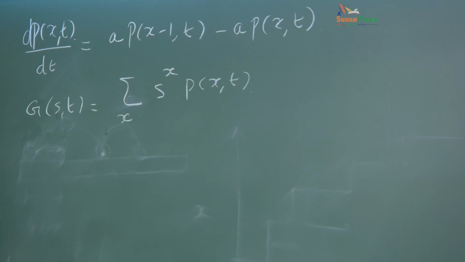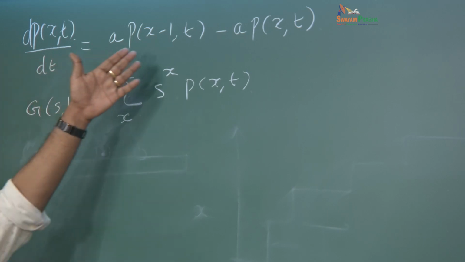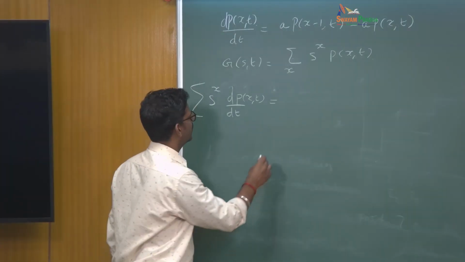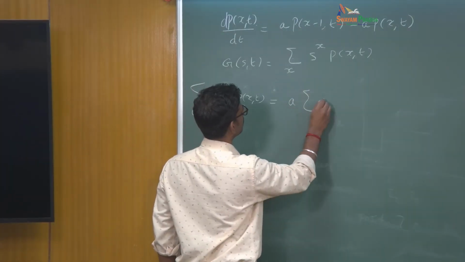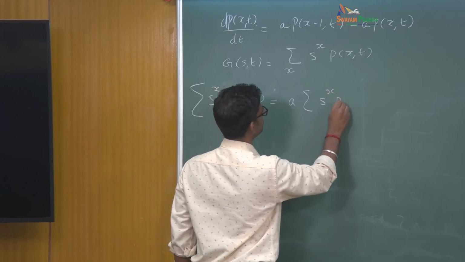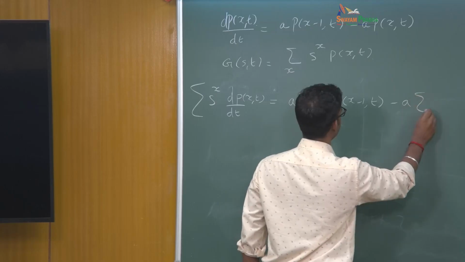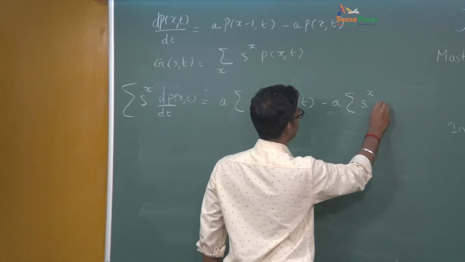So we do the same thing. So we are going to multiply s power x everywhere and then sum over. So here we have a s power x P of x minus 1 comma t minus a s power x P of x comma t.